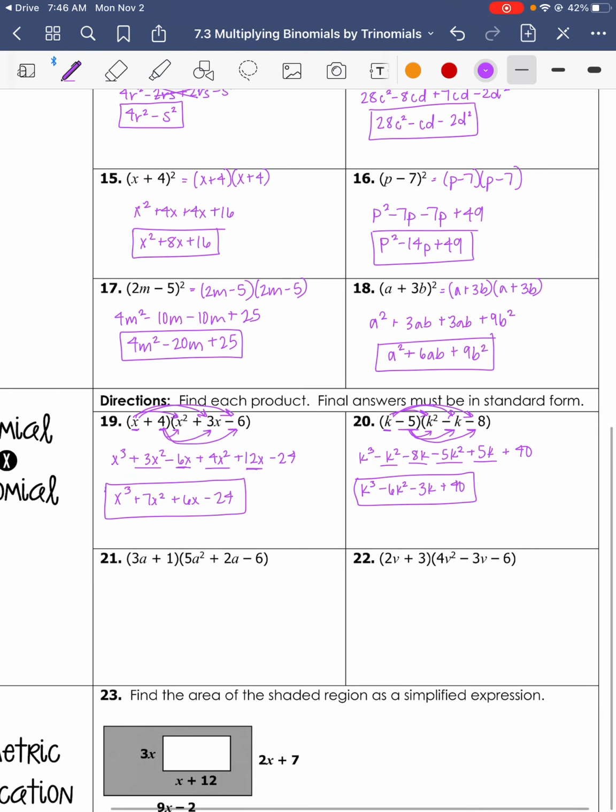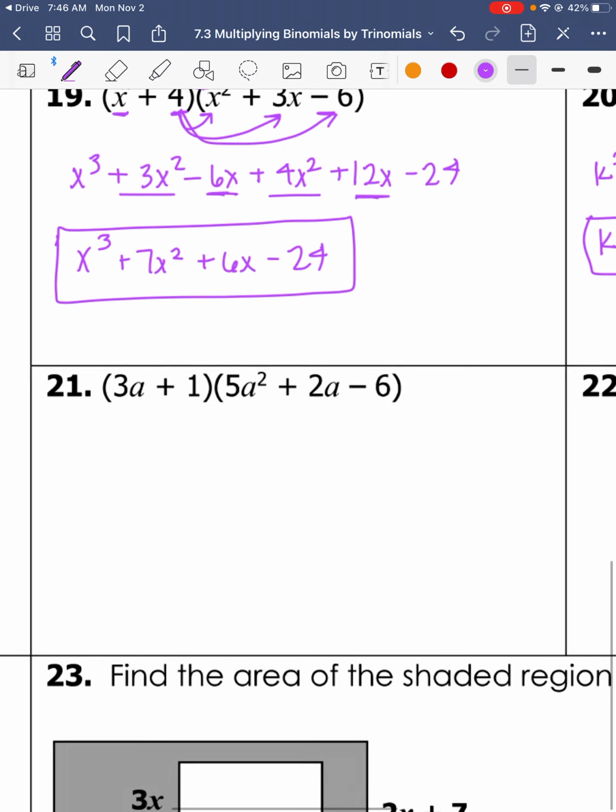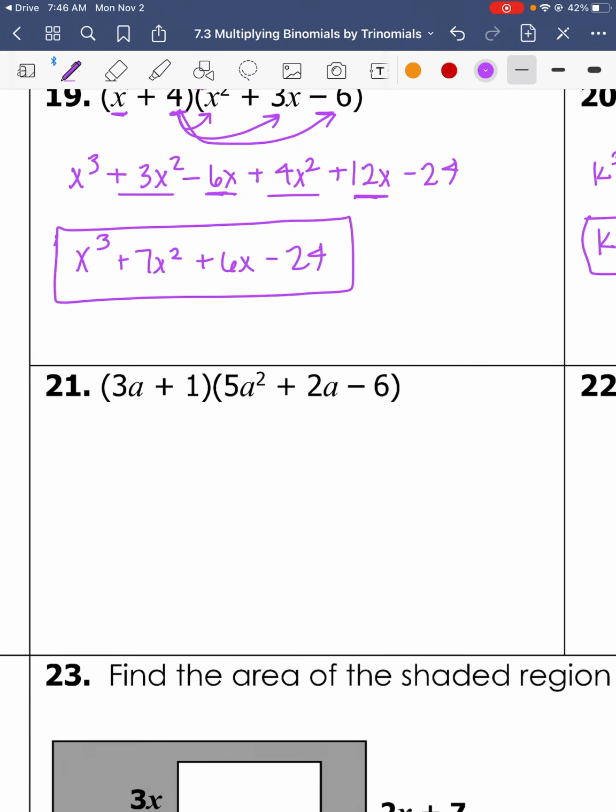And there is that. In our foldable, we're going to look at more examples, different ways to do this, and you can kind of pick which one you like the best. Okay, so 3a times 5a squared is 15a cubed. 3a times 2a is plus 6a squared. 3a times negative 6 is minus 18a.